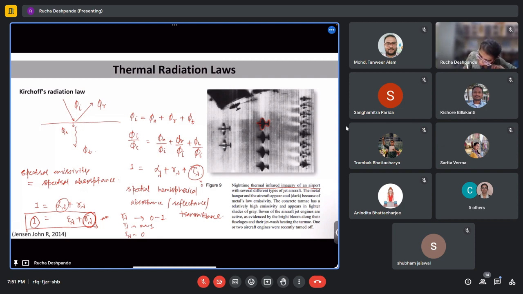Some of the parts which are appearing brighter are the engines of the aircraft which have been turned on, so they are emitting more than the rest of the body of the plane. This explains why some objects appear darker or brighter in the thermal image.